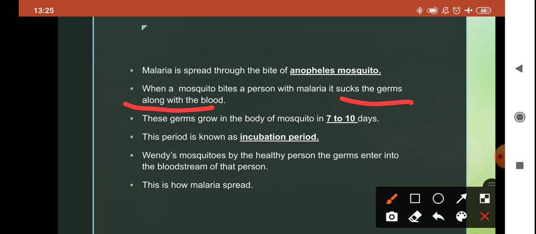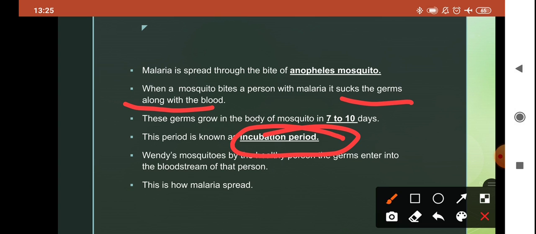And this period of time, this 7 to 10 days period of time, is known as the incubation period. Now when these mosquitoes bite a healthy person, then the germs from inside the body of the mosquito get transferred to the bloodstream of that person. So this is how malaria spreads.